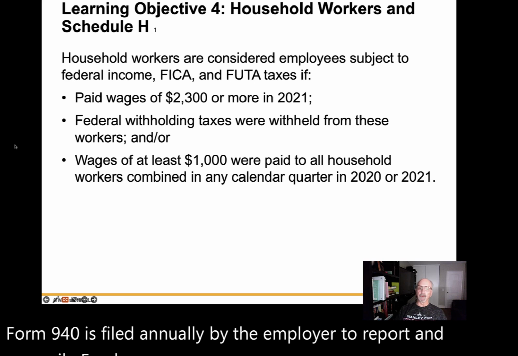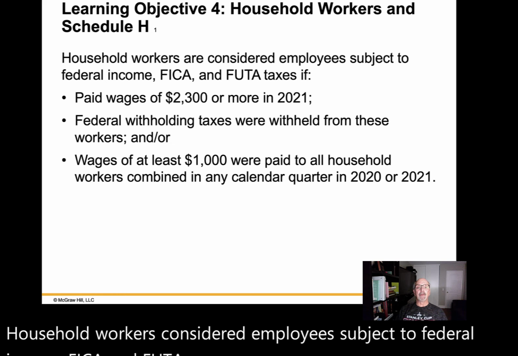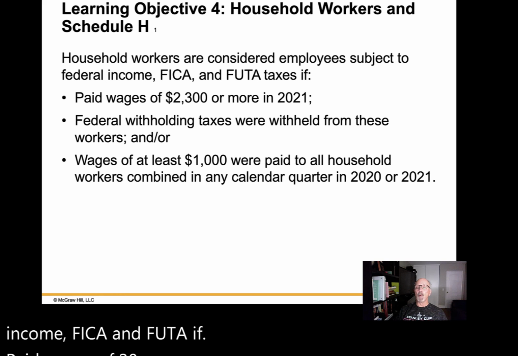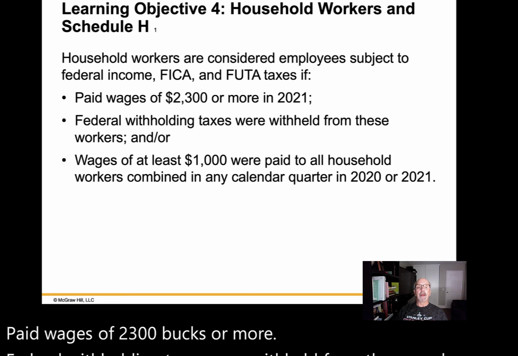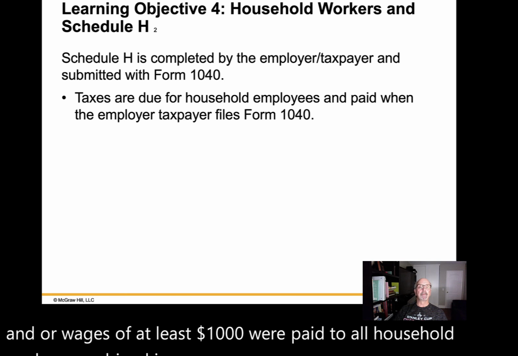Household workers are considered employees subject to federal income, FICA, and FUTA if paid wages of $2,300 or more, federal withholding taxes were withheld from these workers, and or wages of at least $1,000 were paid to all household workers combined in any calendar quarter.